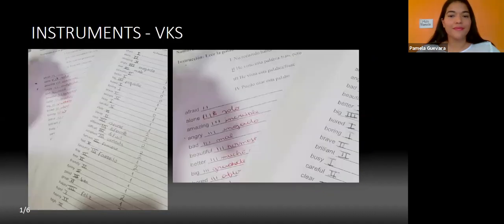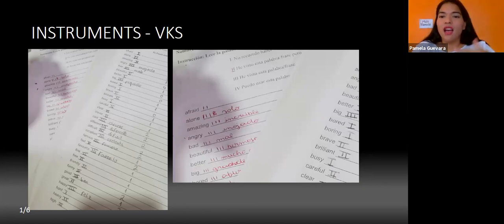One of the instruments that helped me gather the information from my students was the VKS. This is a vocabulary knowledge scale. I found it during my research, but it was very useful because it gave you 4 degrees of knowledge.